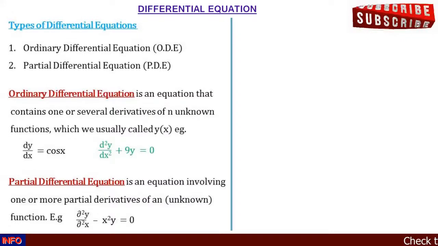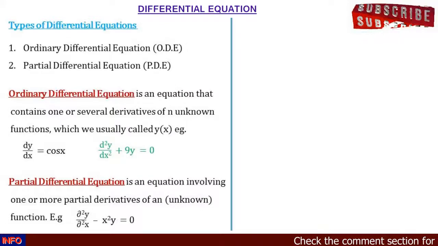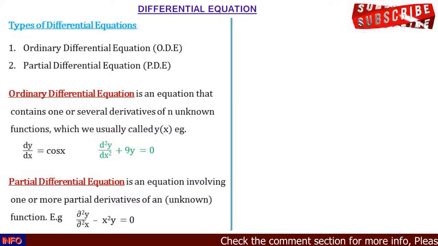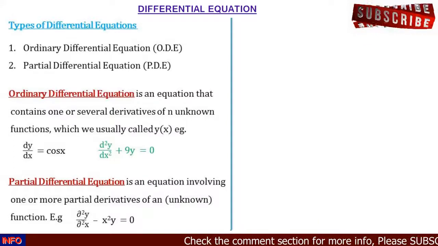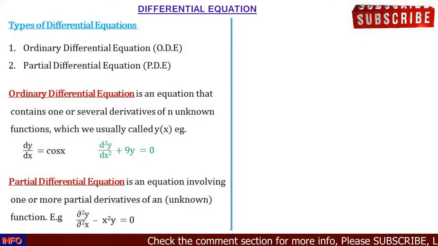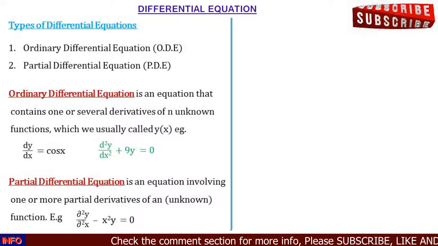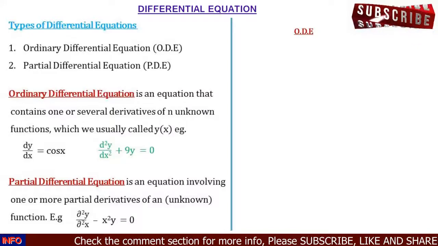I think from this little explanation, you should be able to tell the difference between ordinary differential equation (ODE) and partial differential equation (PDE). Okay, now let's go back to ODE.